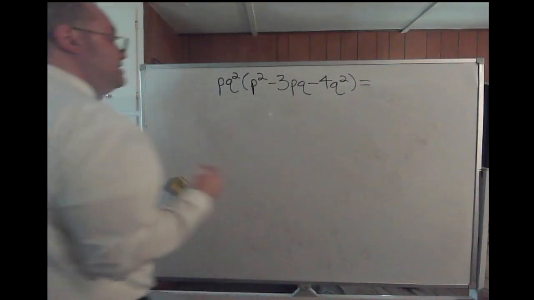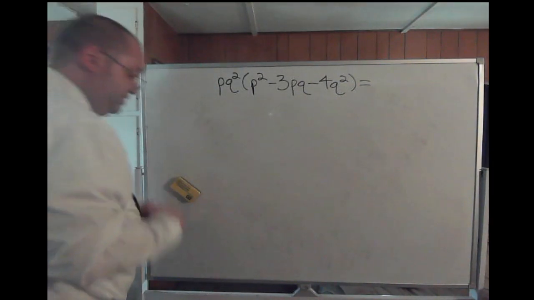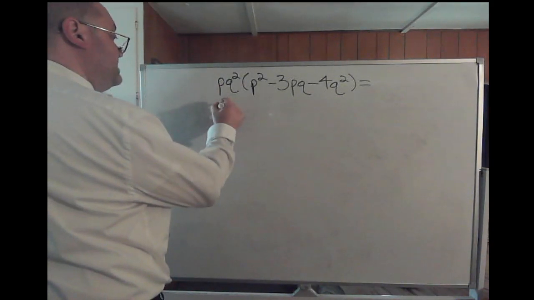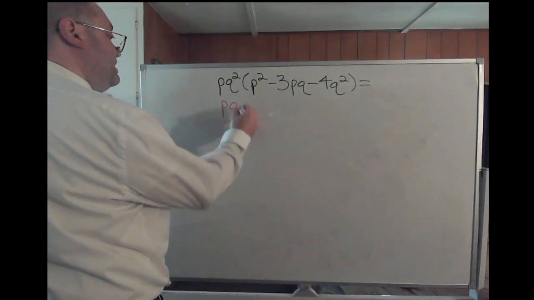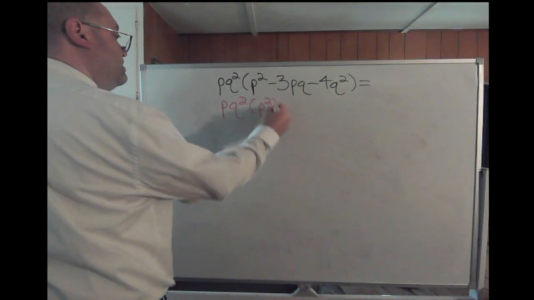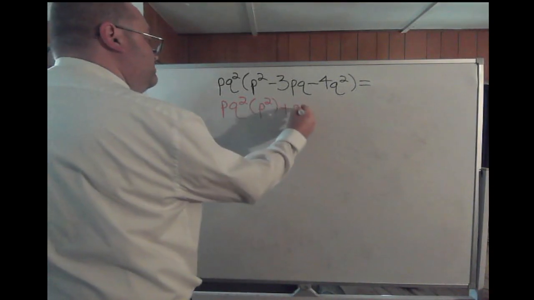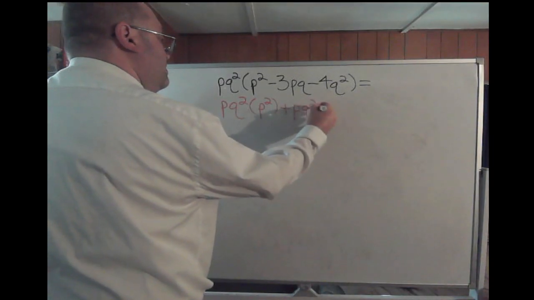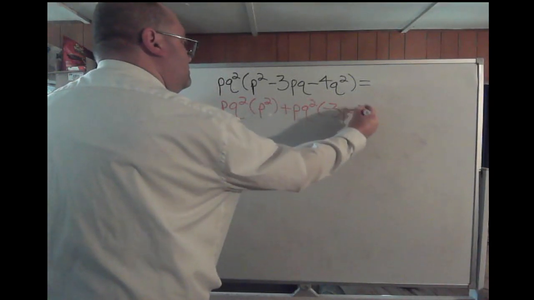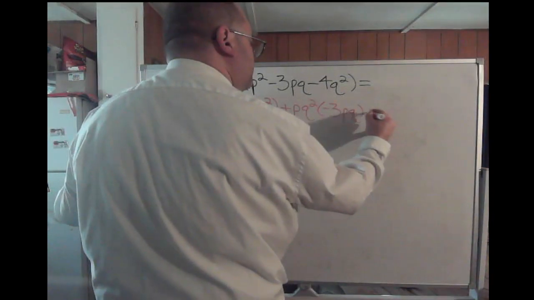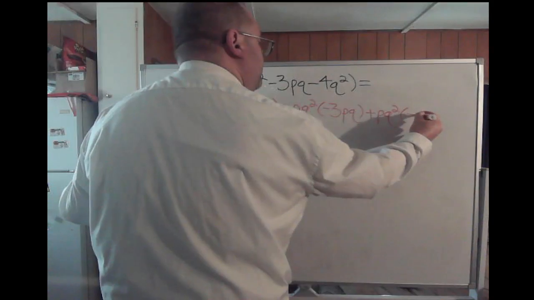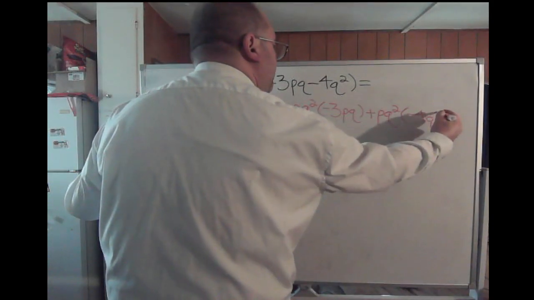Alright, so a little bit different because we have multiple variables now. Well, still a distributive property. You're going to take that pq squared on the outside, distribute it to the p squared, plus the pq squared times that negative 3pq, plus the pq squared times negative 4q squared.